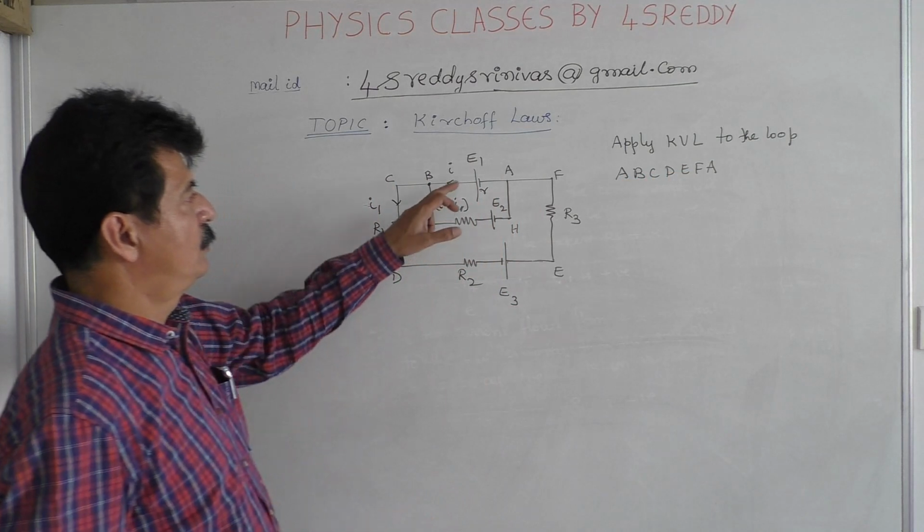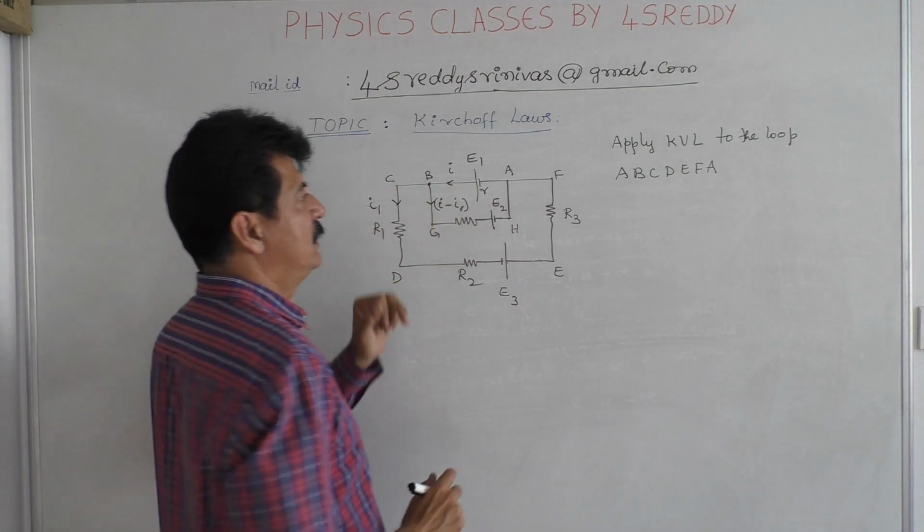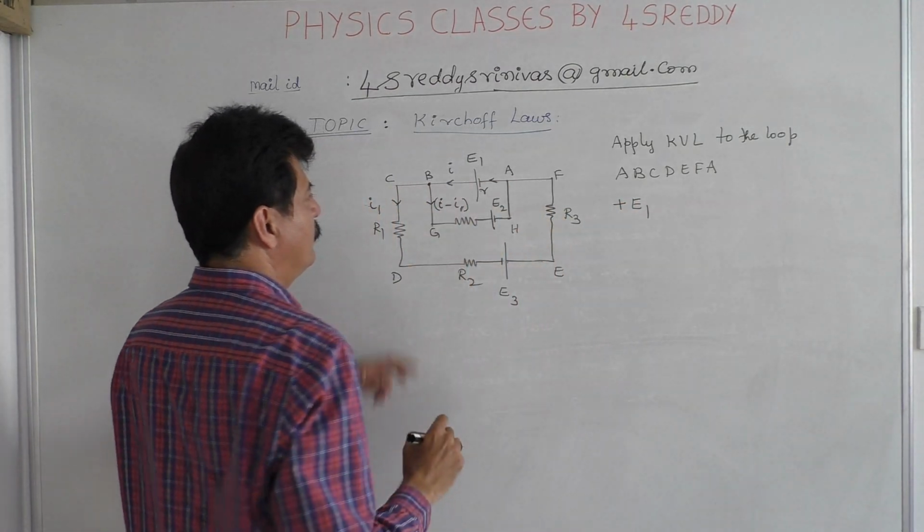When you apply this to the loop, A to B, in the direction of flow of current, it is given by plus E1, like this only.